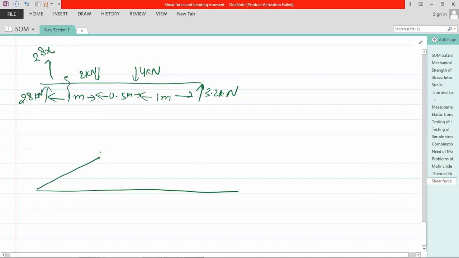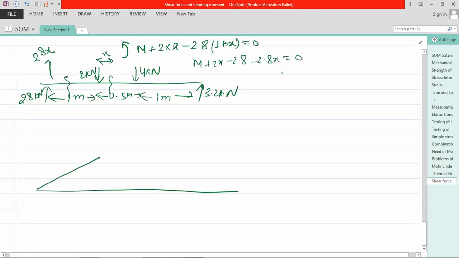After 2 kilonewton, suppose I take this point, and here this is the direction positive M, and if you take the whole as x, then M plus 2 into x minus 2.8 into 1 plus x is equal to 0. M plus 2x minus 2.8 minus 2.8x is equal to 0.